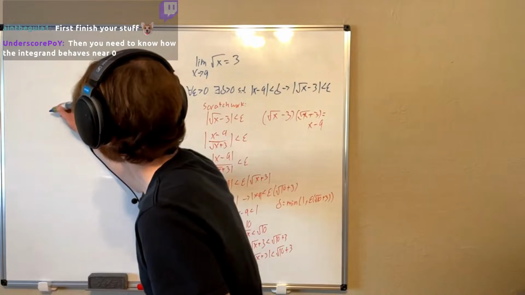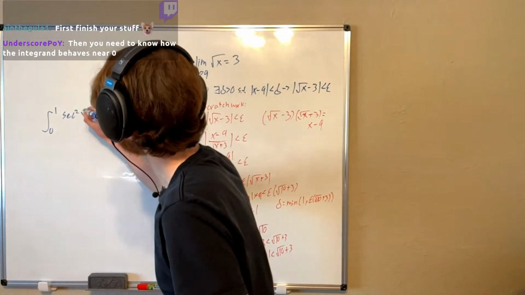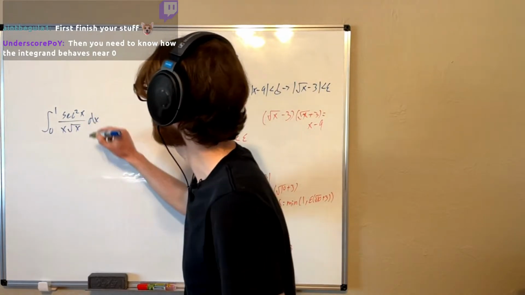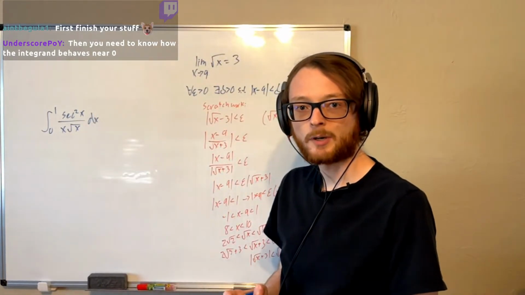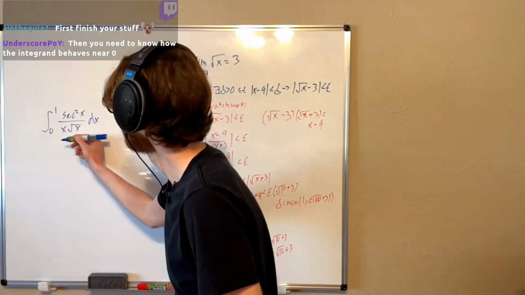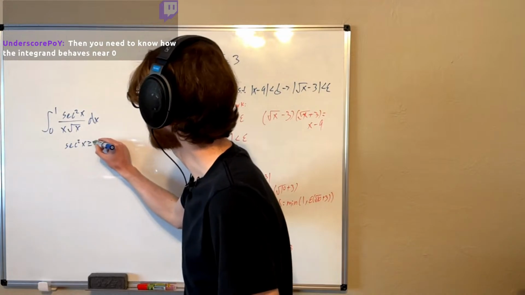So the integral from 0 to 1, secant squared x over x root x dx. Even without the benefit of a graphing tool, we can make the statement that secant squared x is always greater than or equal to 1.